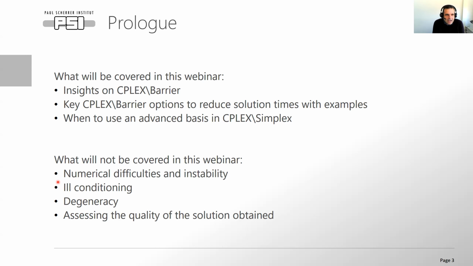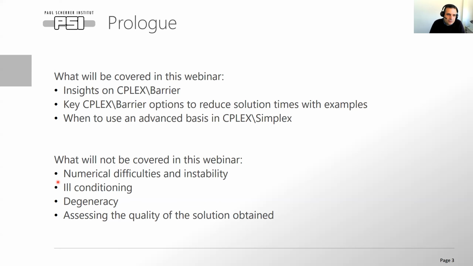So I'm going to cover in this webinar some insights on Simplex Barrier, what is behind the box. Then we will go through a practical example. We will take it from the beginning, where it took a lot of time to be solved. And then by changing Simplex barrier options, we made it possible to reduce the solution time.